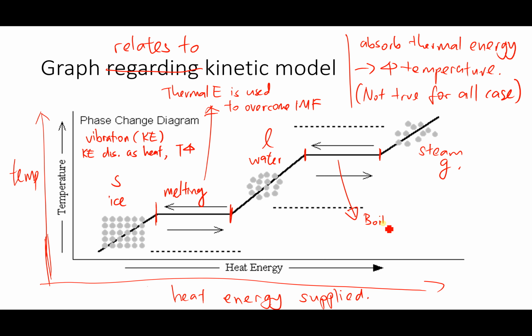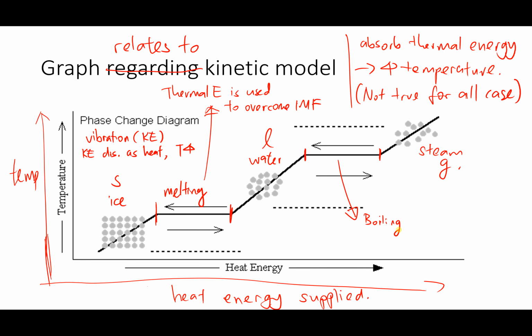If you really understand what I mentioned 30 seconds ago, this shouldn't be difficult. For boiling, same thing: the thermal energy is used to overcome the intermolecular forces, so that the particles in the water become even more separated, so separated that they behave like gas particles, and therefore water becomes steam.